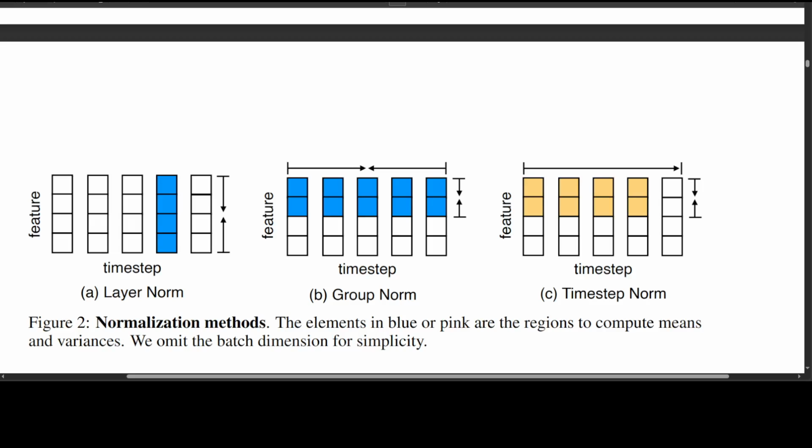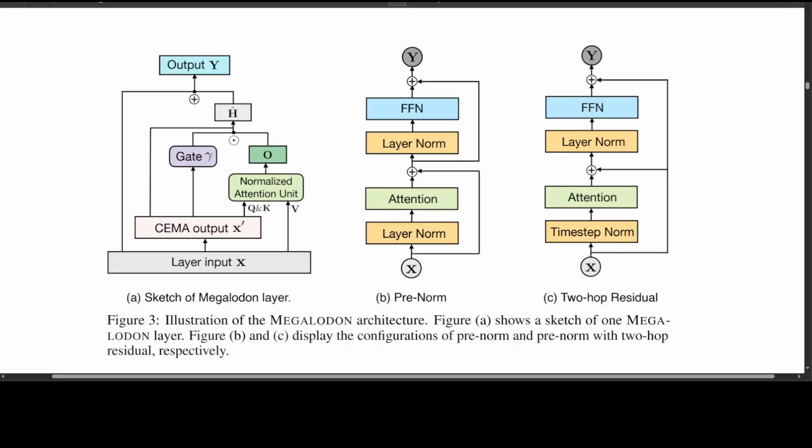Megalodon further proposes normalized attention together with pre-norm with two-hop residual configuration by modifying the widely adopted pre- and post-normalization methods. By simply chunking input sequences into fixed blocks, as is done in MEGA-chunk, Megalodon achieves linear computational and memory complexity in both model training and inference.